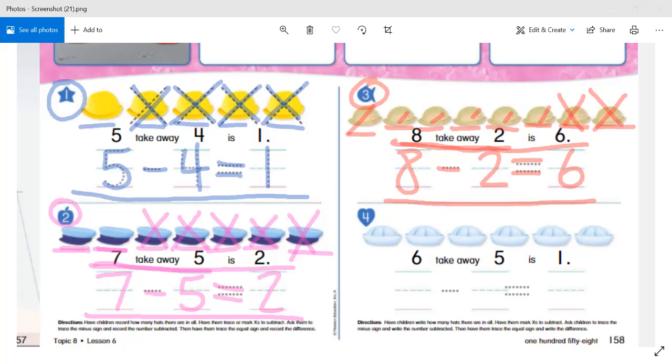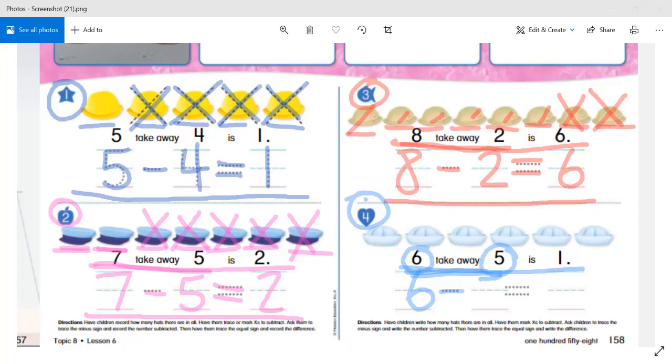Let's look at our last problem here. Number 4. We have 6 take away 5 is 1. So we have 6 hats in all. You can count them. We're going to put 6. Over here it says 6 take away. Take away means subtract. So we put our minus sign. 6 take away 5.